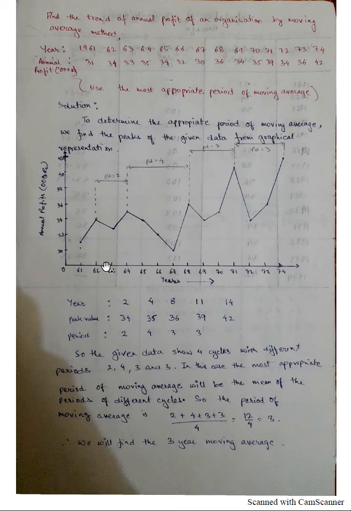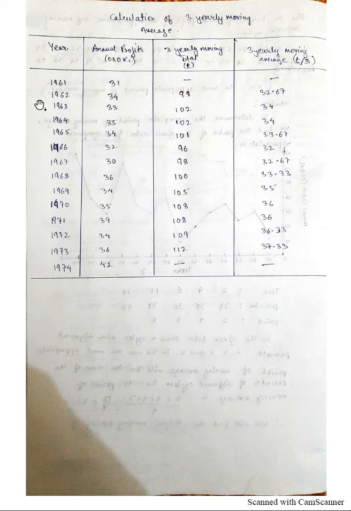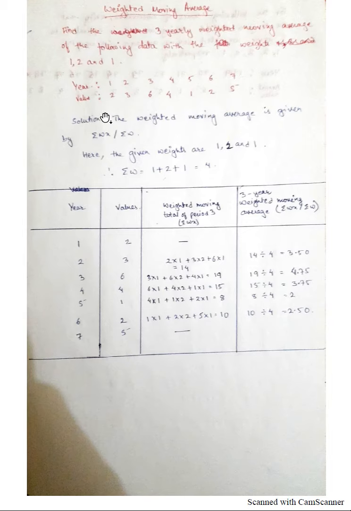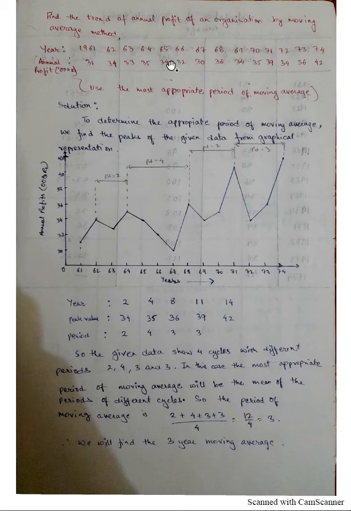You put down the years first and then you put down the value given here. You put the years in the first column, in the second column you put down the values given here, and then in the third column you add 3 consecutive numbers, you add these 3 numbers, you write the sum in the middle here.